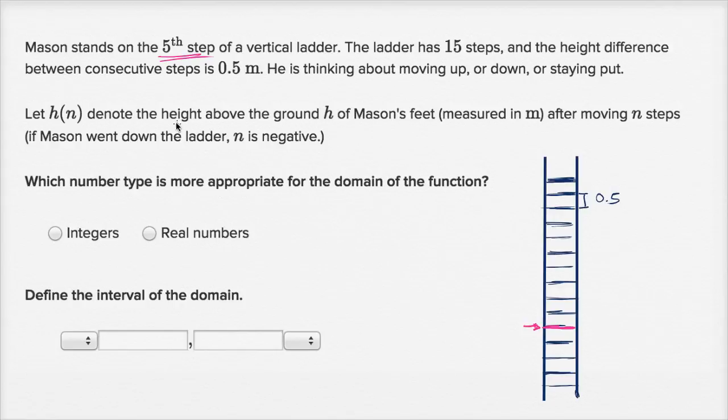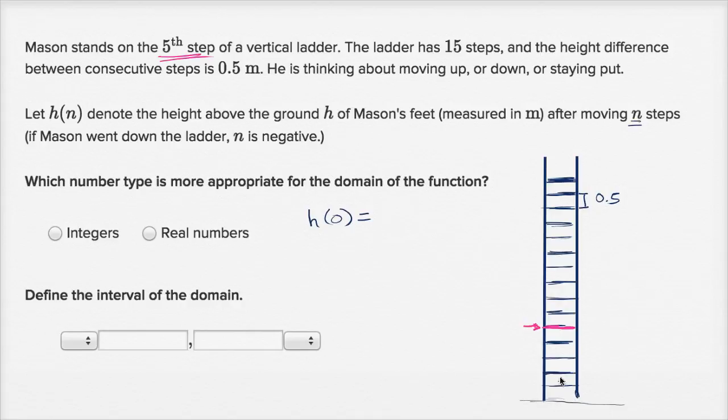So let's just make sure we understand this. If I were to say h of 0, what is that going to be? Well, h of 0 means that he's moved 0 steps. If he's moved 0 steps, he's still going to be on this 5th step of the ladder. And so how high is he going to be? I'm assuming that the first step is 0.5 from the ground.